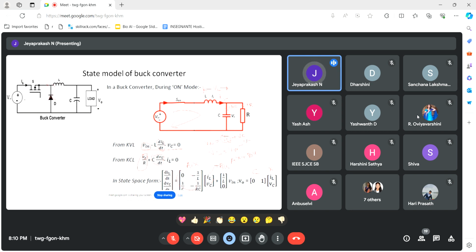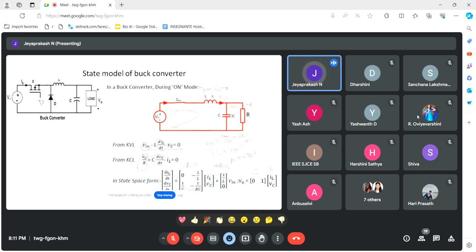From the circuit diagram we have two inputs: either I change the input voltage V1, or I change the PWM signal, which is the duty cycle D. In one case, the input is varied and we look at the response of the output. In the other case, I vary the duty cycle, the PWM, and look at the output.